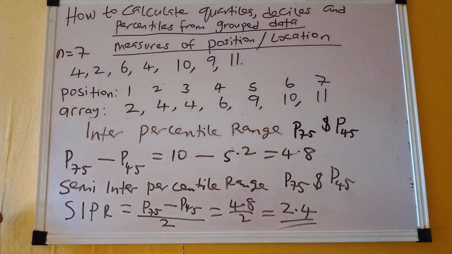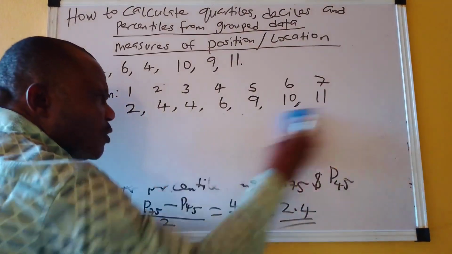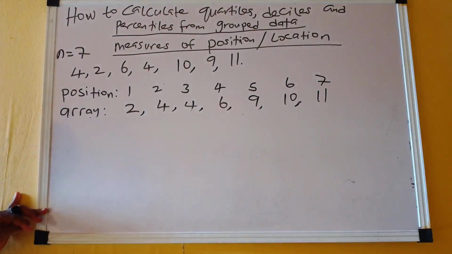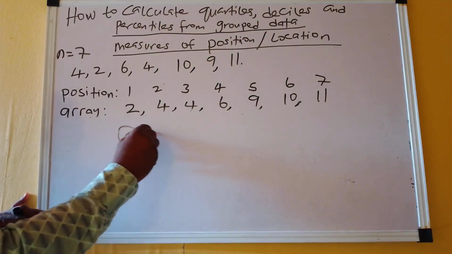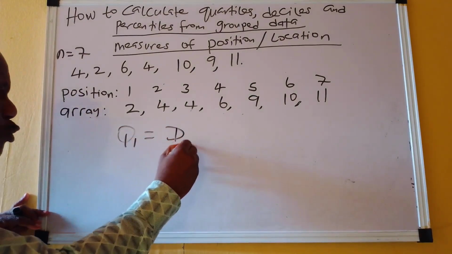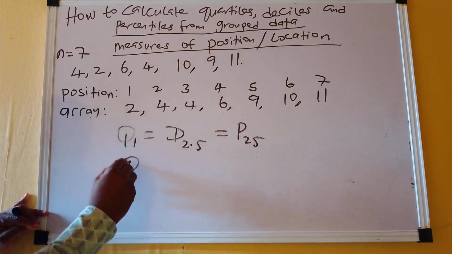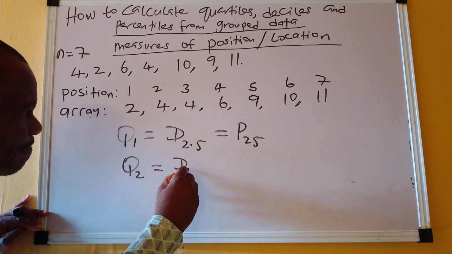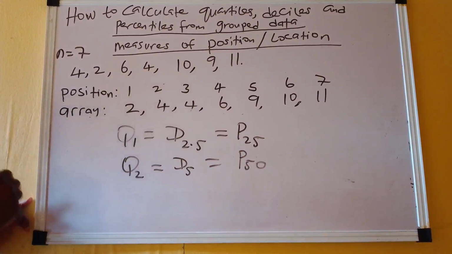So it will interest you to know that the following facts hold. You can check on your own. Our Q1 is equal to D2.5, which is equal to P25. Our Q2 is equal to D5 and is equal to P50.